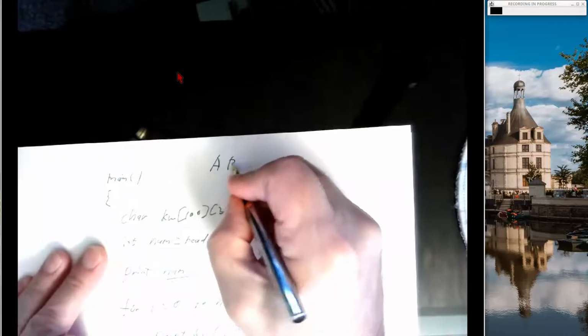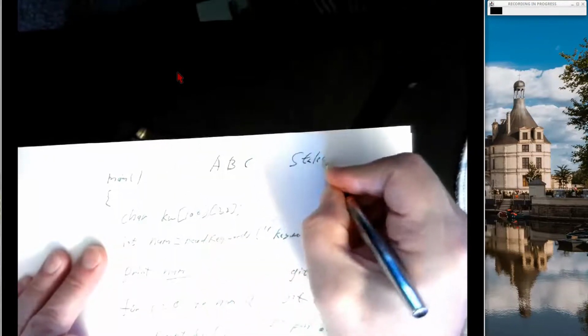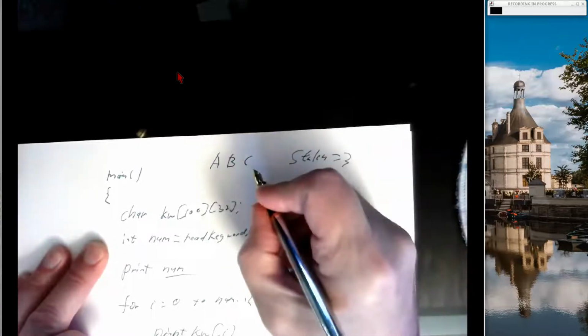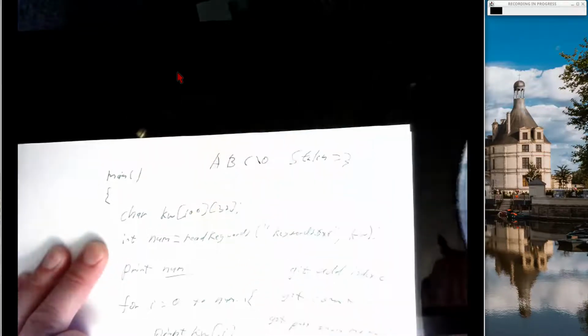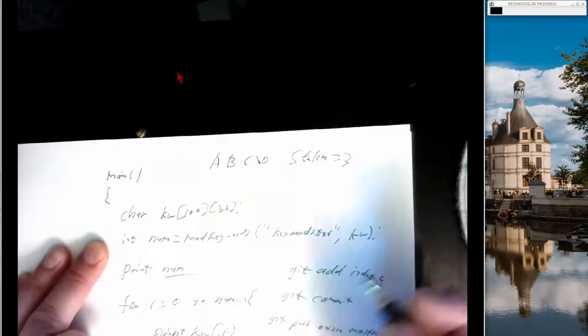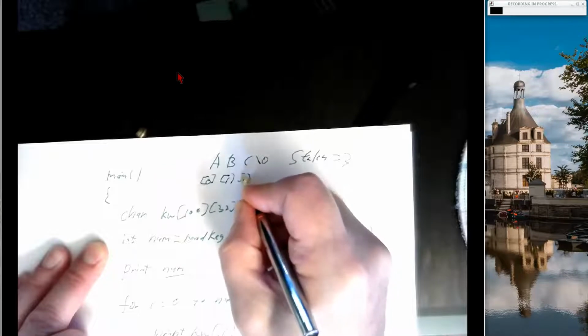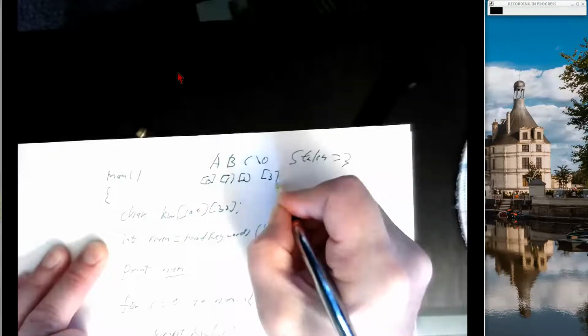So here's ABC. String length equals 3. And if this is going to be a null terminated string, it's ABC followed by a null terminator. Where does that null terminator get stored? It gets stored at index 3.